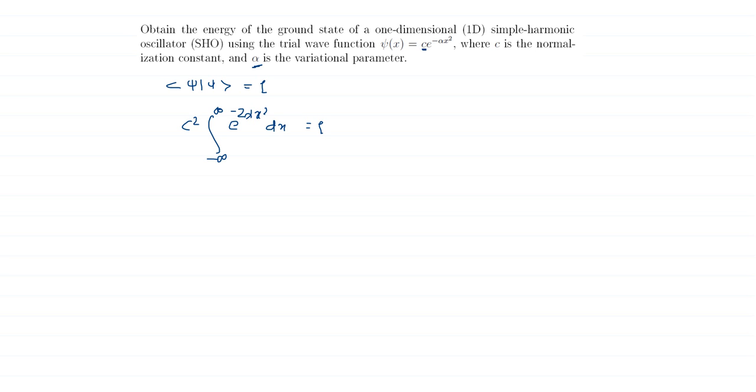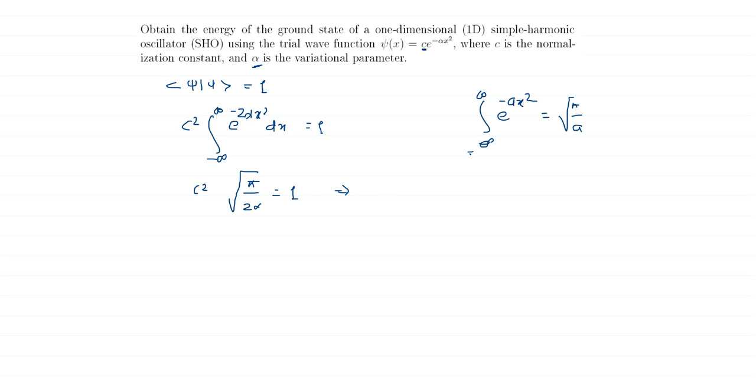Now we know this is nothing but a Gaussian integral. I will write down the formula for you. The integral from minus infinity to infinity of e raised to minus a x square gives the answer root pi by a. Here, instead of a, we have 2 alpha. So the answer will be root pi by 2 alpha, and it should be equal to 1.